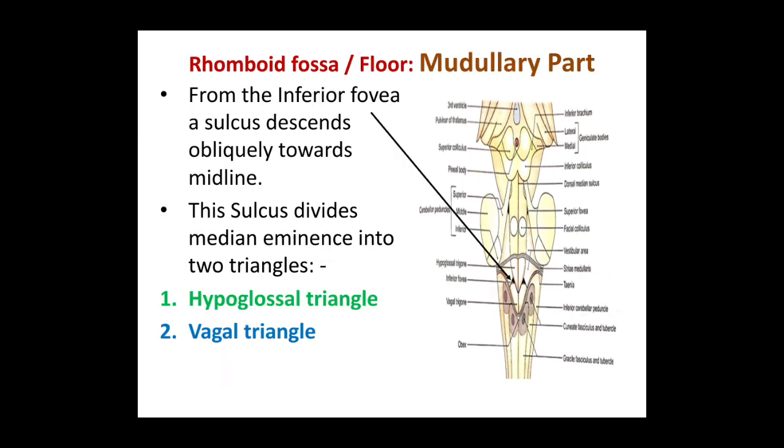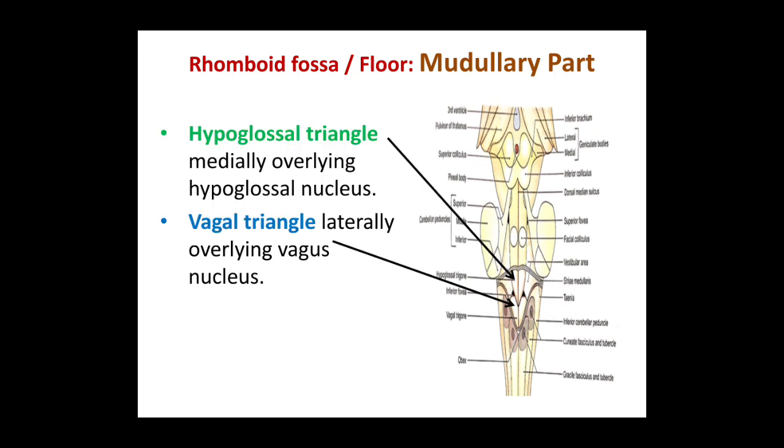Now coming to the medullary part, from the inferior fovea, a sulcus descends obliquely towards the midline. This sulcus divides the median eminence into two triangles, the hypoglossal triangle and the vagal triangle. The hypoglossal triangle, medially, overlies the hypoglossal nucleus.